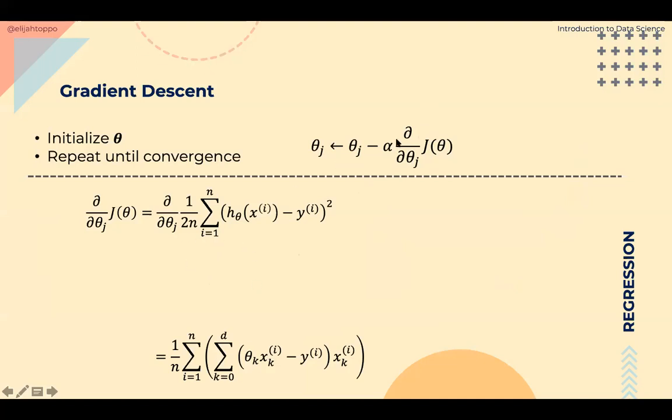We're trying to find the partial derivative of J(θ), which is given by the partial derivative of the expansion of J(θ). The expansion of J(θ) is simply 1/2n summation 1 to n of the square of this error. Error is ŷi minus yi, and ŷi is also hθ(xi).